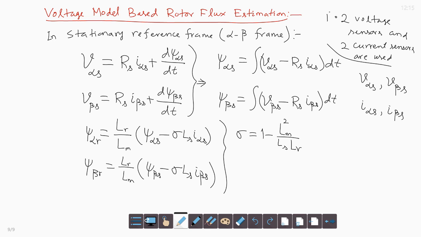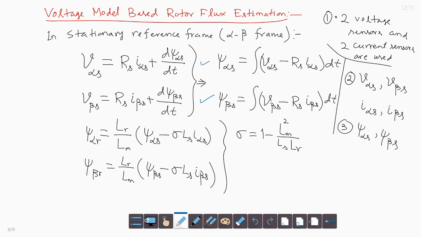This is step 1, we use the voltage sensors. Step 2, we get V alpha s, V beta s, I alpha s, I beta s components from 3 phase to 2 phase transformation. Once we get V alpha s and V beta s, in the third step we generate psi alpha s and psi beta s using these two equations.